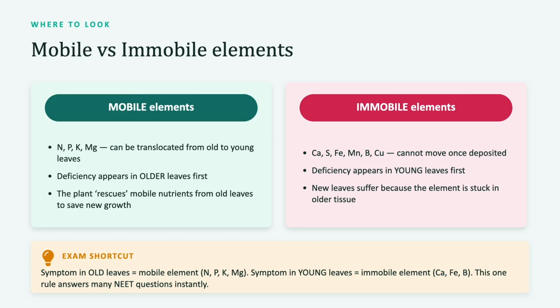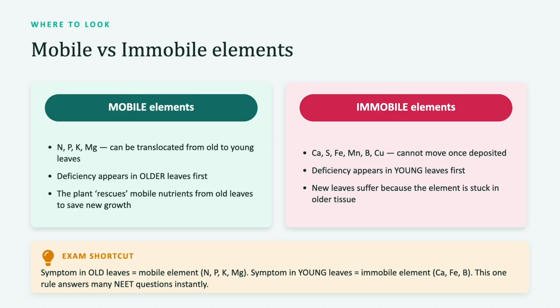Mobile elements like nitrogen, phosphorus, potassium, and magnesium can be moved from older leaves to younger ones. So, when they are deficient, the plant sacrifices old leaves first. Symptoms appear in older leaves. Immobile elements like calcium, iron, boron, and copper cannot be moved once they are deposited.